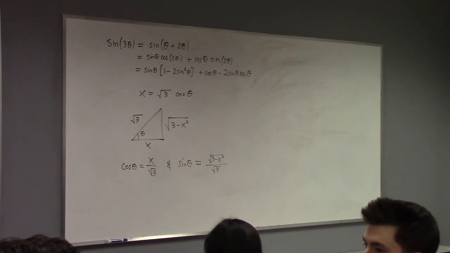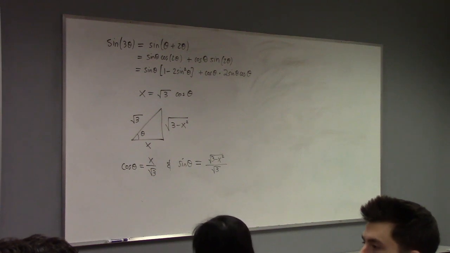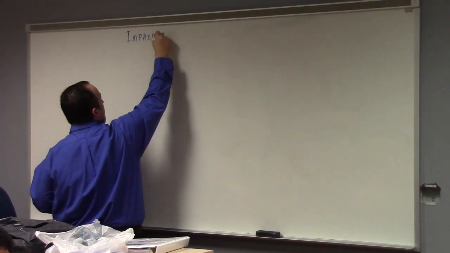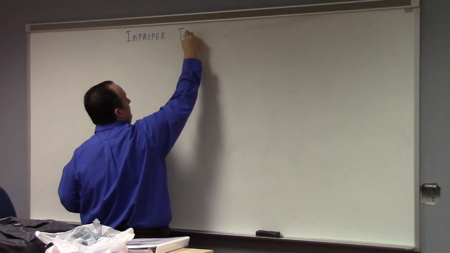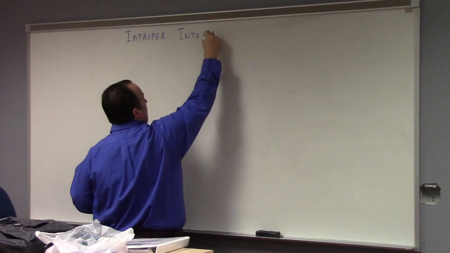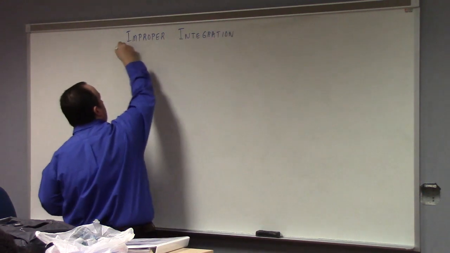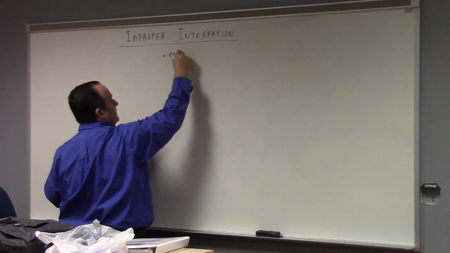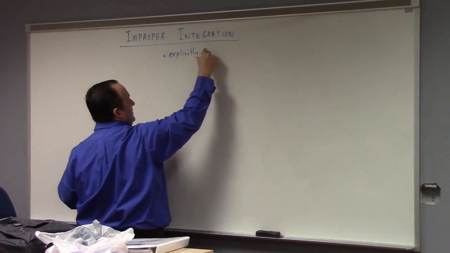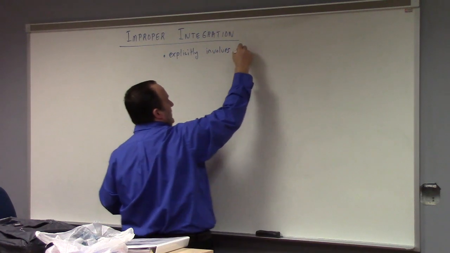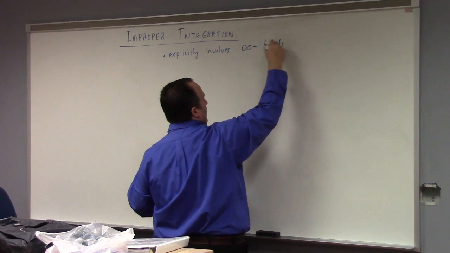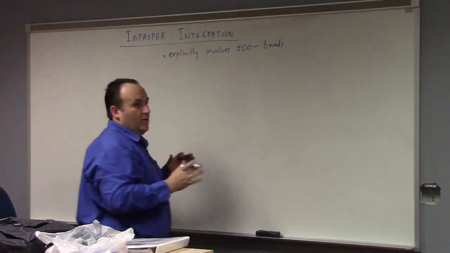All right, so let us talk then about improper integration. What's improper integration? Do you guys know? Integration to infinity? Yeah, so it either explicitly involves infinite bounds, plus or minus, or what else?